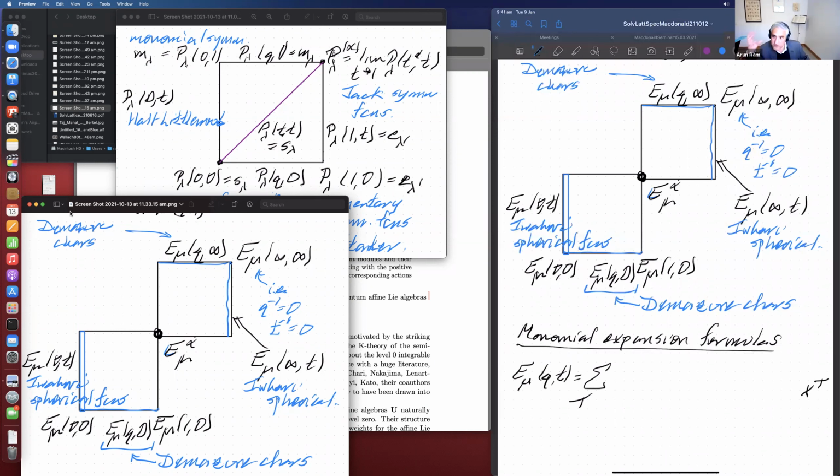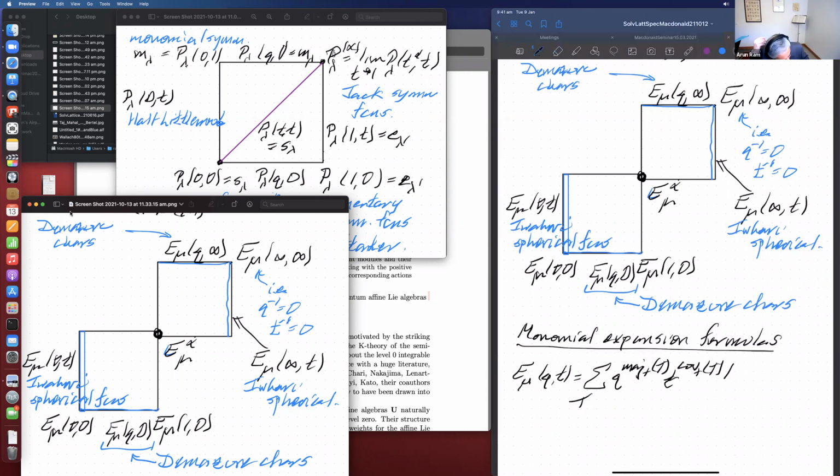But it's a sum over T's, which you should think of as tableaux or alcove walks or crystals, or whatever your favorite thing is. And then there's a power of Q, which I write as Maj plus of T. And there's a power of T, which I write as Coinv of T. And then there's a factor, which I don't have room for here.